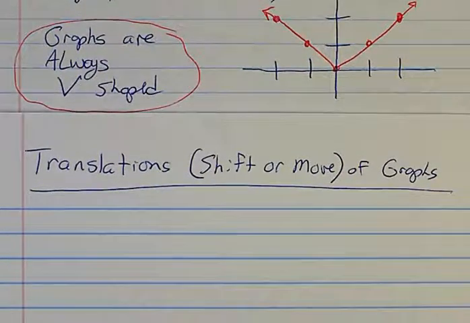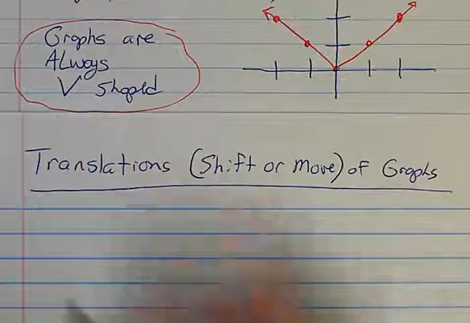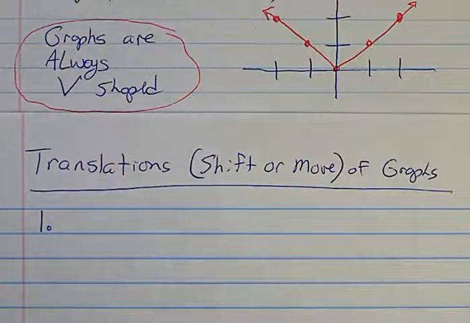So if you've got that picture of the V-shaped graph in your head, here's basically what we're going to do. There's two ways you can move the graphs that we're going to key on. There's a third thing tomorrow that's more like with slope, but we'll talk about that more tomorrow.